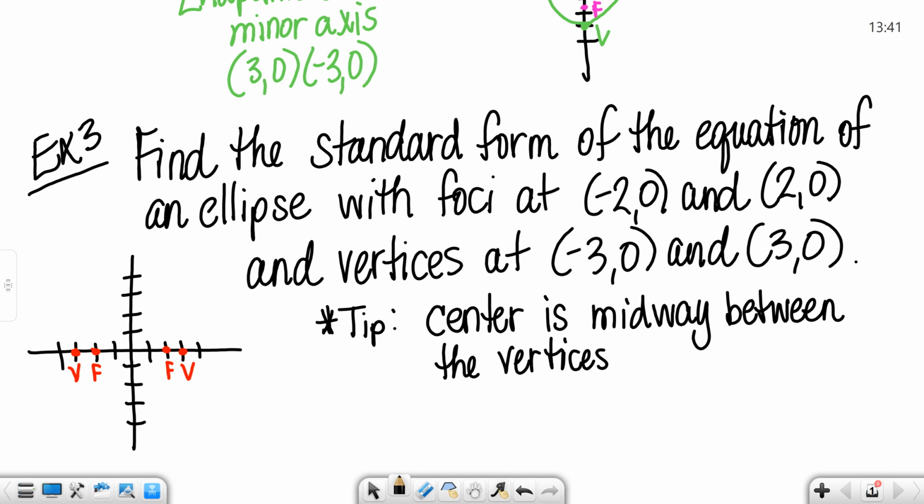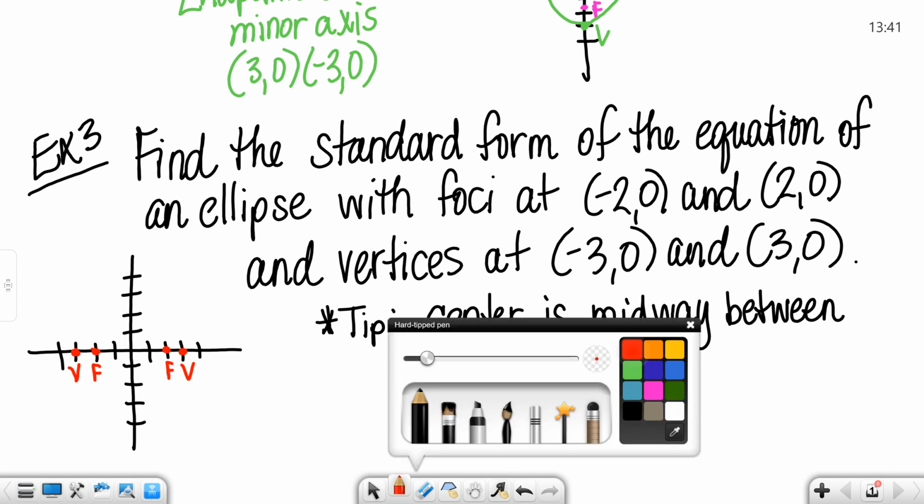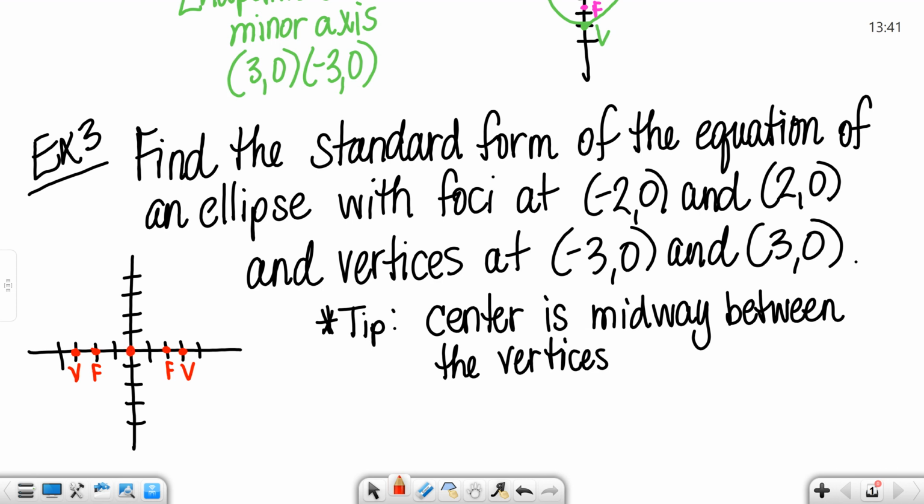So if my vertices are at -3 and 3, then my center is right here. All right, so now I know my center is 0, 0. That's helpful. That's going to be my H and K.